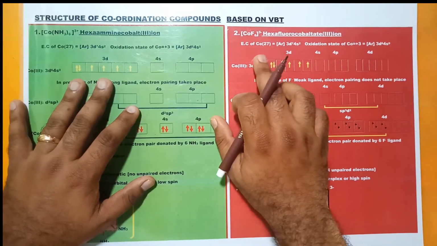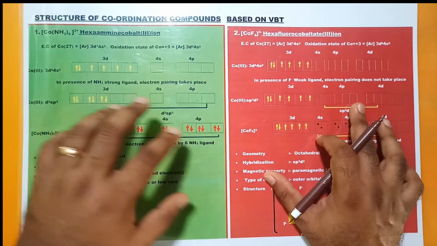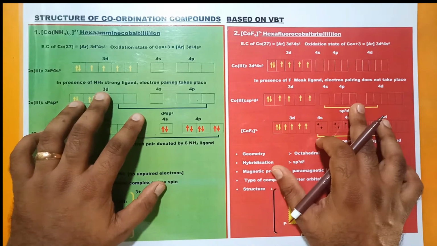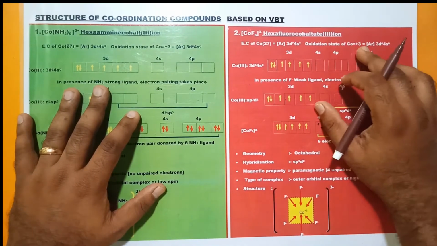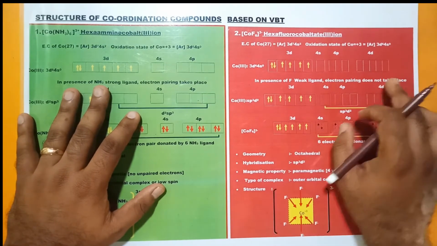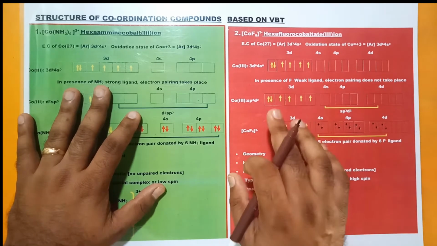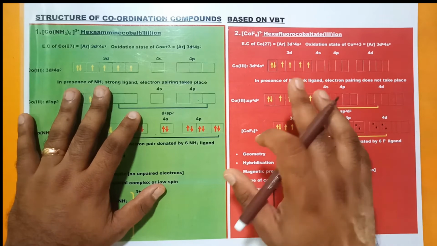The electronic configuration of cobalt is [Ar] 3d7 4s2. This complex is quite similar to the first one, so I have given them here side by side. Look here friends, the oxidation state of cobalt is +3 as usual, [Ar] 3d6 4s0. This is the orbital of cobalt in the presence of a weak ligand, that is fluoride. F- is a weak ligand.